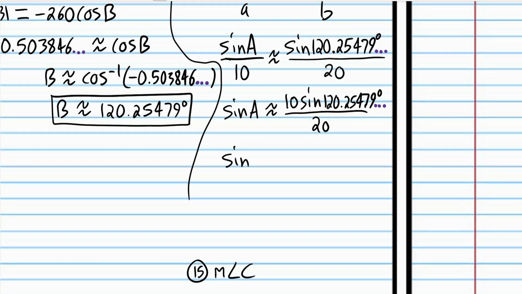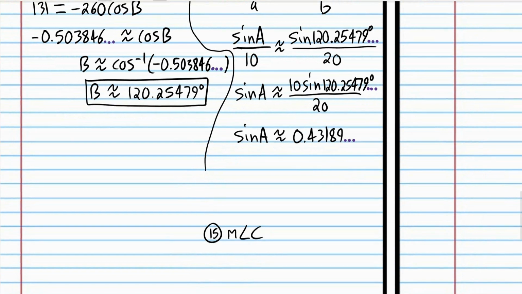And then times 10, enter, and then divided by 20, enter. So sine is approximately equal to 0.43189. And let's keep that in our calculator. So when we're looking for the measure of an angle, we use the sine inverse notation.